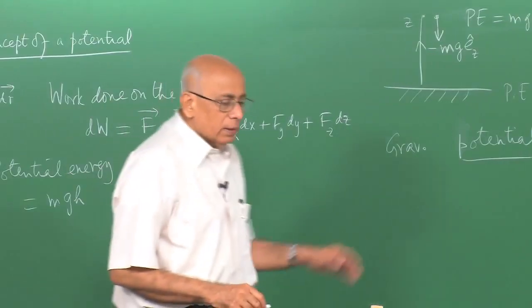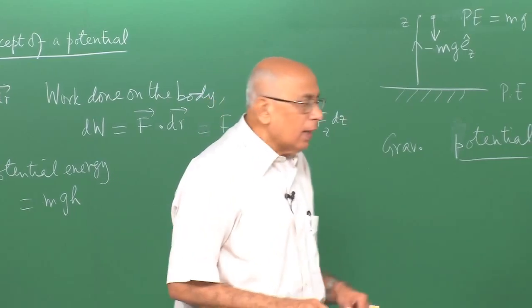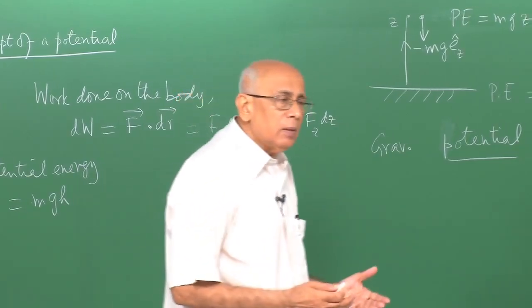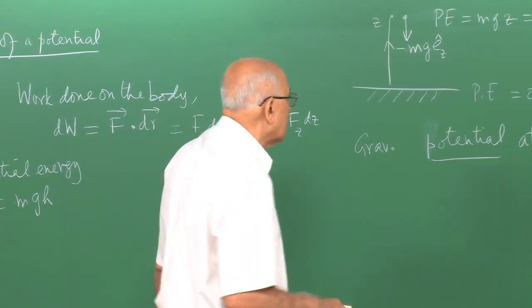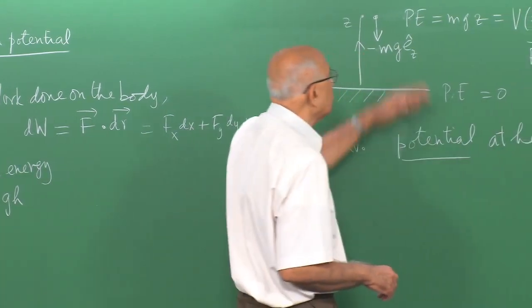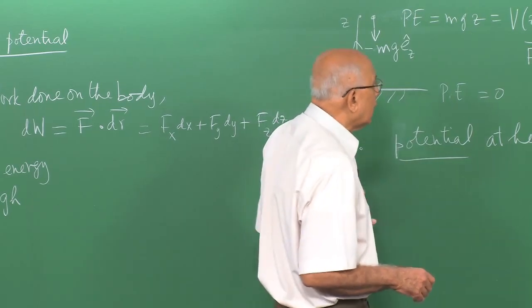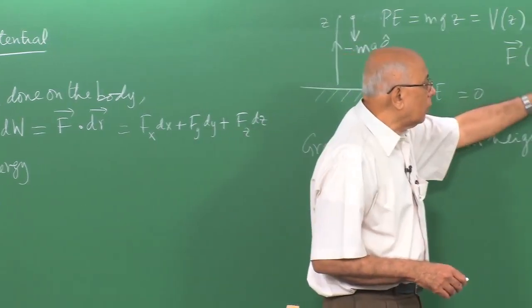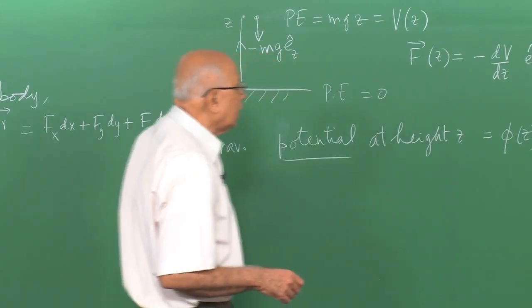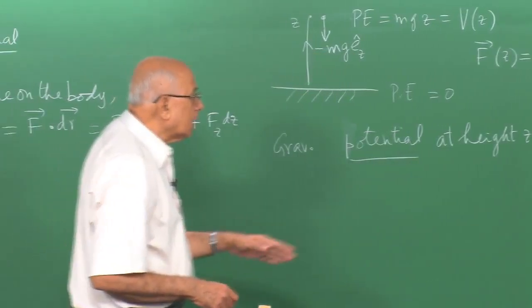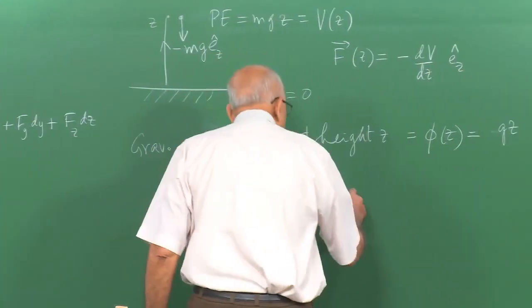So you could look at the potential in this sense as the potential energy per unit mass. You multiply it by the mass and you get the actual potential energy of the object, and the force of gravity on that object would be minus dV over dz. The force of gravity on any object would be m times the derivative of phi of z.